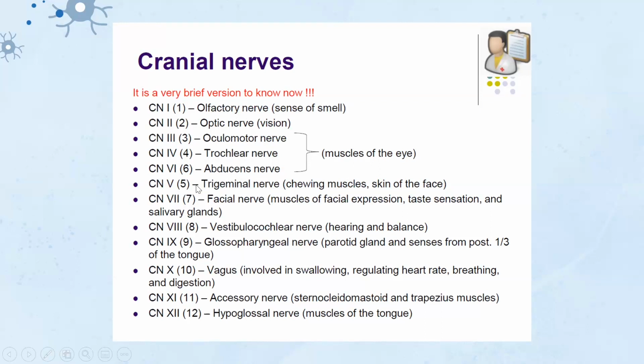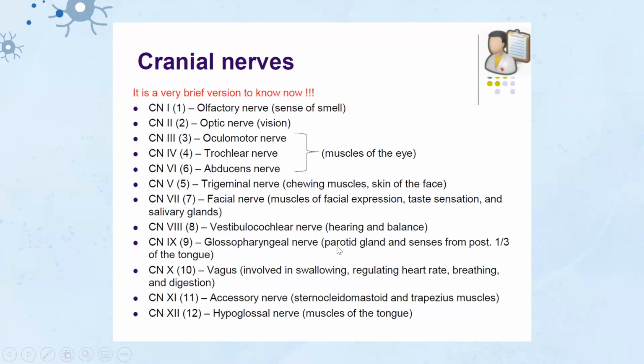The trigeminal nerve is responsible for controlling the muscles of chewing and the skin of the face. The facial nerve controls the muscles of facial expression, taste sensation, and salivary glands. 8, the vestibulocochlear nerve, is responsible for hearing and balance.